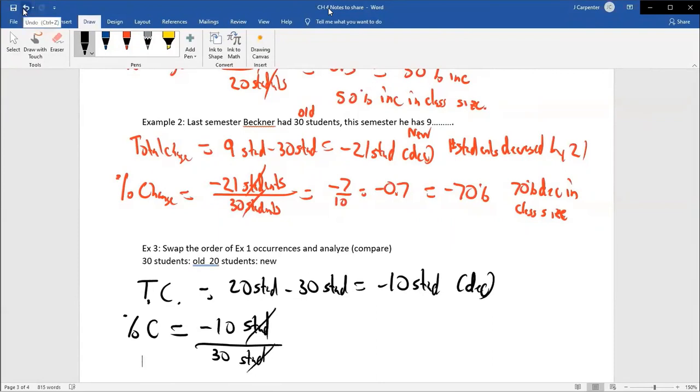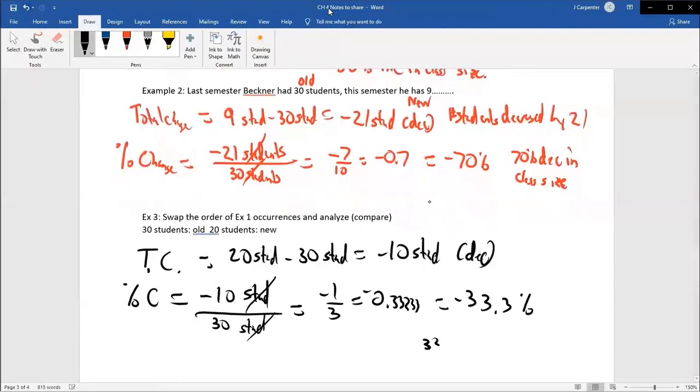The students cancel. 10 over 30 turns into 1/3, so that's negative 1/3, which is 0.33333, which as a percentage is negative 33.3%. There we go. So that's a 33.3% decrease in class size.